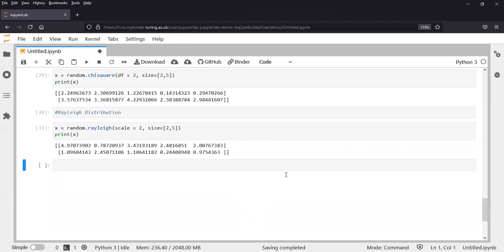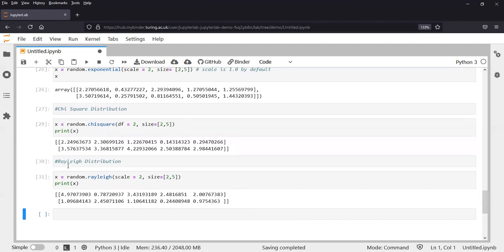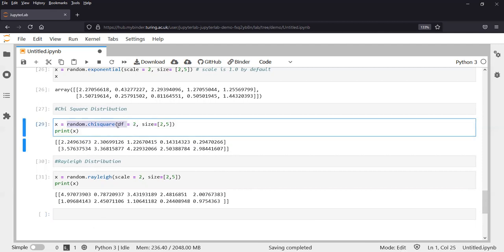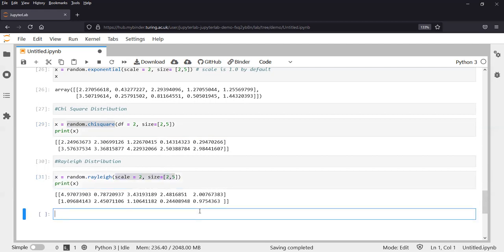If you just learn numerical Python, you just need to know how to print the outcomes because it's really easy to memorize each distribution. They just differ a little in the arguments.